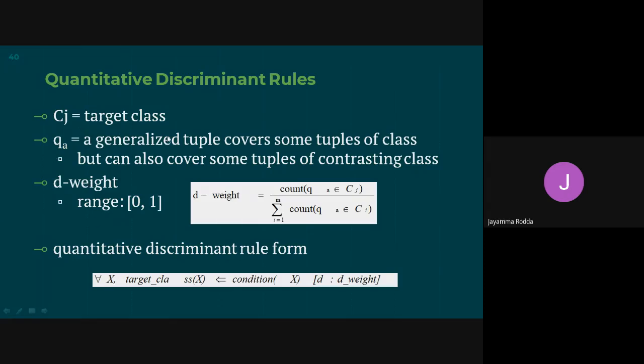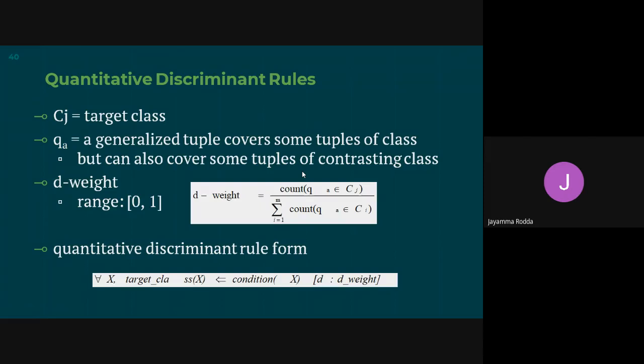Okay, it has the target class and QA as the generalized tuple that it will cover. So this is the generalized tuple which covers some tuples of the target class. You cannot say that QA only covers tuples of the target class; it can also cover some tuples of the contrasting class as well.